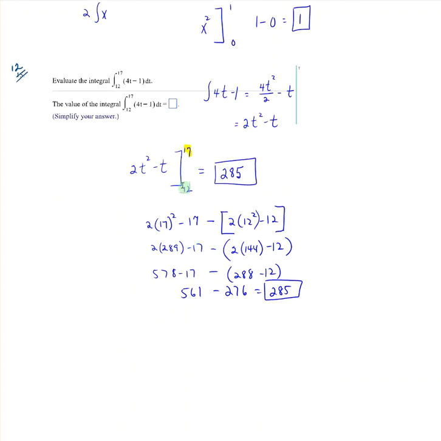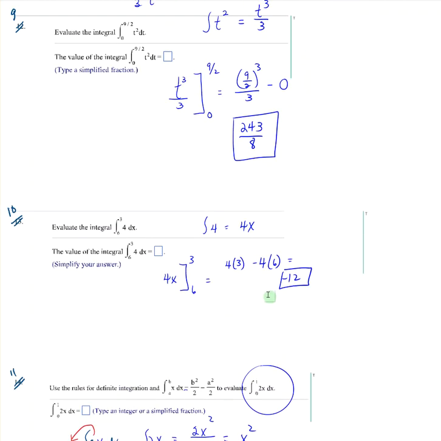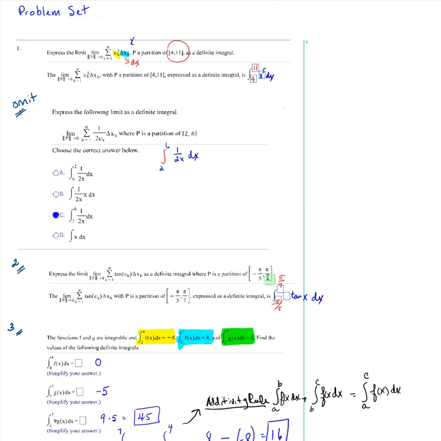So that means I'm going to plug in 17. 2 times 17 squared minus 17 minus, evaluated at 12, 2 times 12 squared minus 12. So then you start doing the math, computation, and you end up with 285. So that should get us going on 5.3.